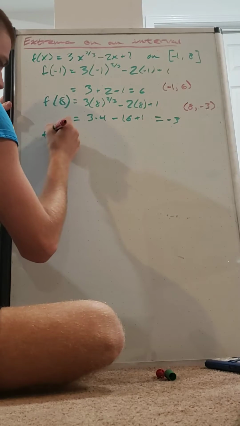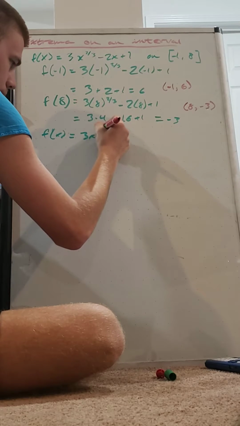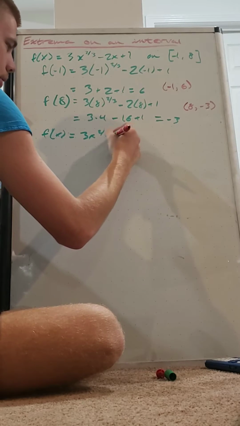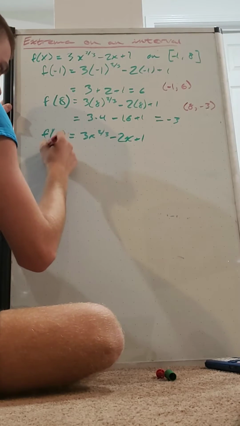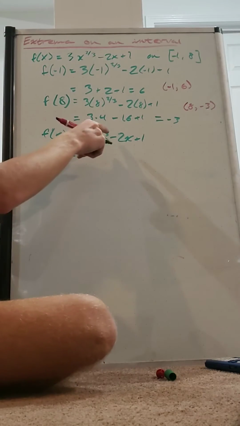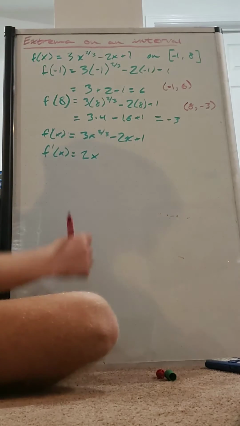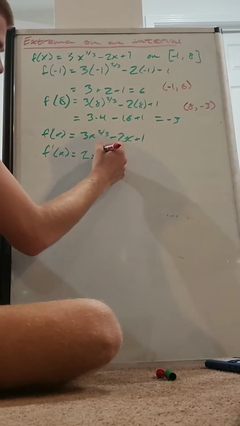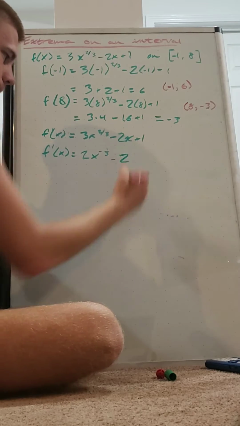So to do the derivative, I'm just rewriting this so it doesn't get confusing. The derivative, using the power rule, is bring this down, 3 times 2/3, it'll be 2x, and then we subtract 1 from the exponent, to the -1/3, minus 2.